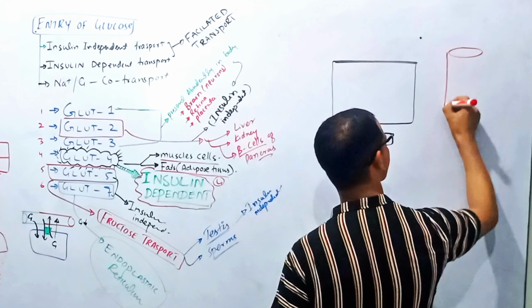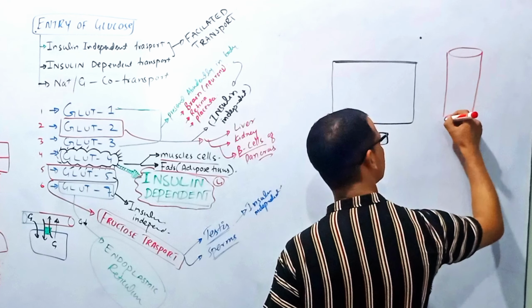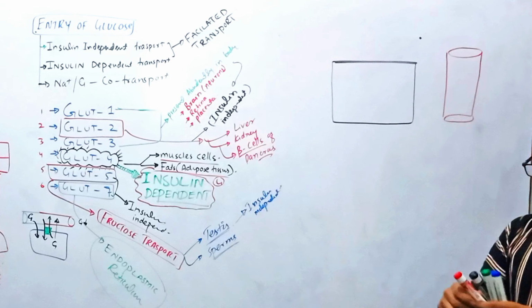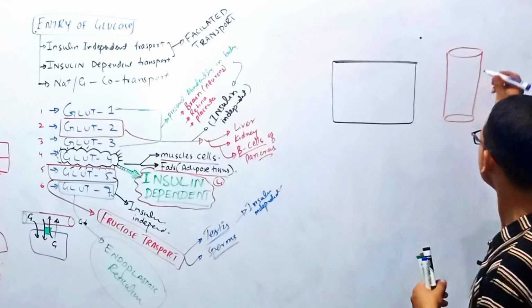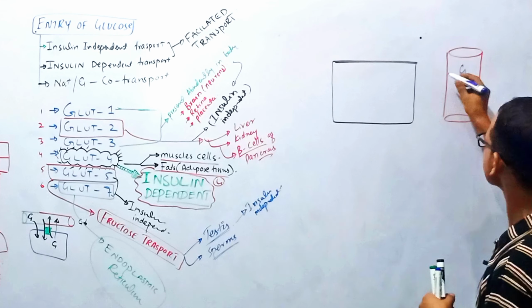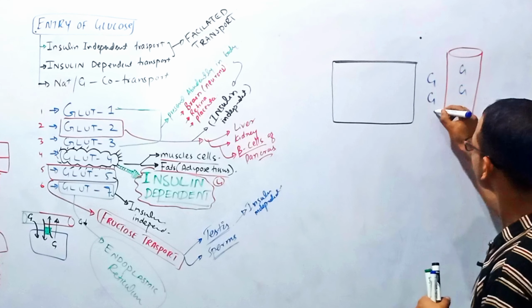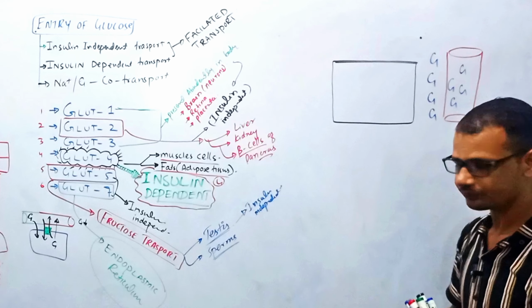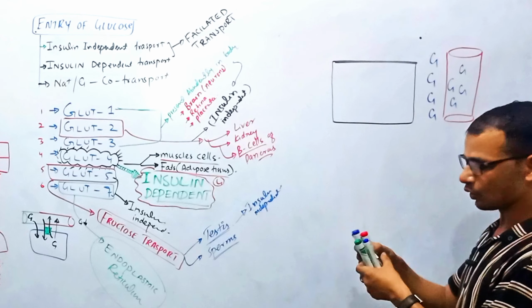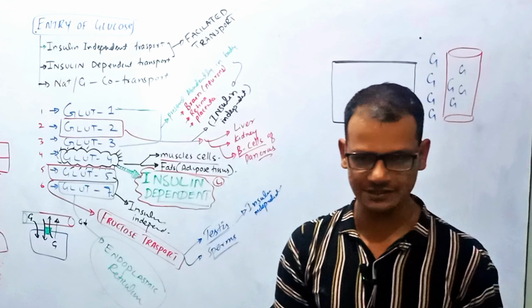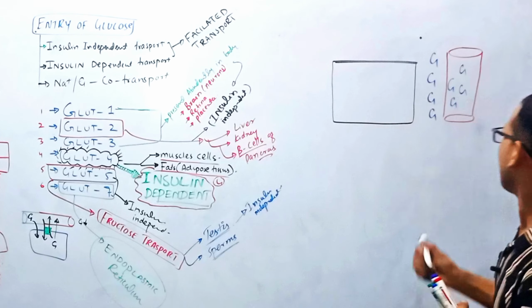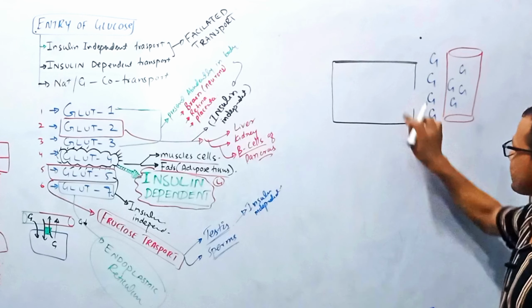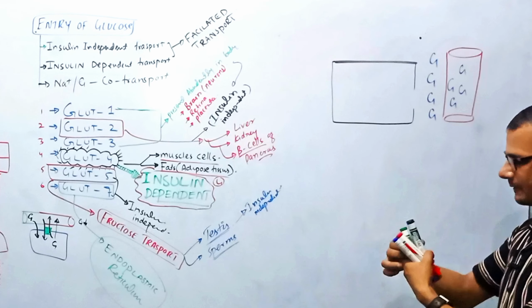This blood contains a lot of glucose. Glucose is also present in interstitial fluids. Here, glucose is needed. So the transporter present here is like this.